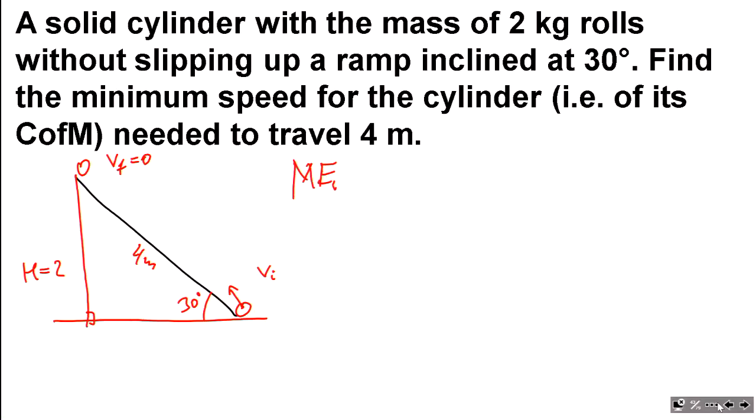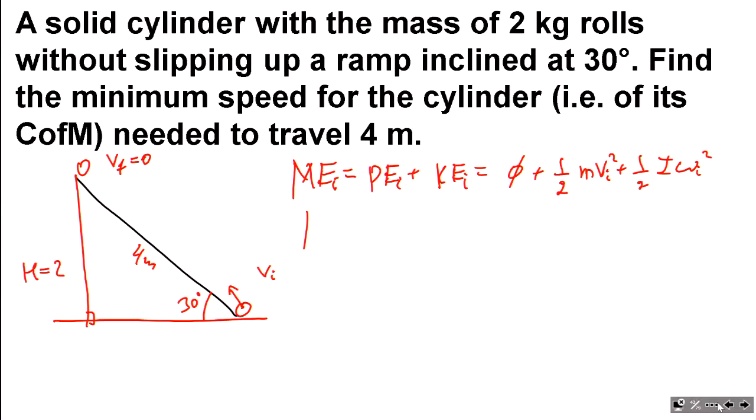Initial mechanical energy will be equal to initial potential energy plus initial kinetic energy, which is equal to 0 plus 1/2 m v initial squared plus 1/2 I omega initial squared. And now mechanical energy final will be equal to mgh plus 0 kinetic energy. It stops there.